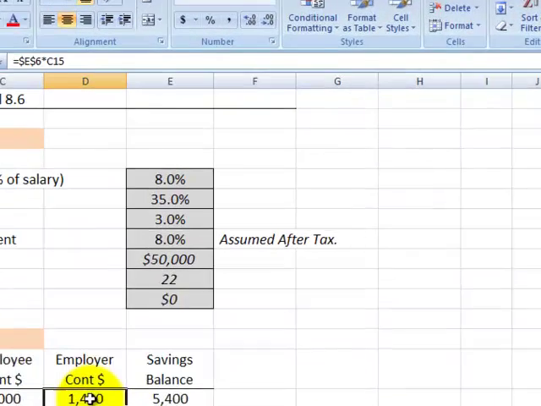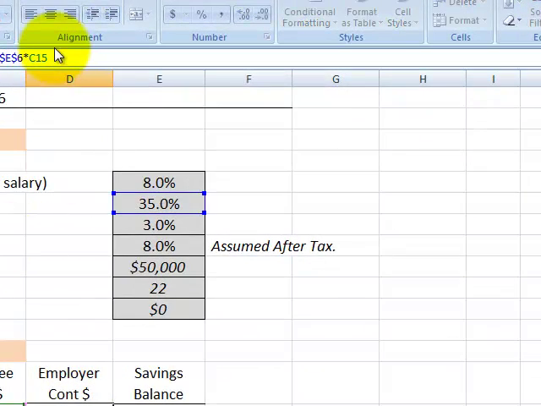Same thing for our employer contributions. That was simply how much the company matched, 35%, times whatever our employee contribution was. So our employee contribution is 8% of the 50,000, which is 4,000, and now our employer contribution is 35% of that 4,000.